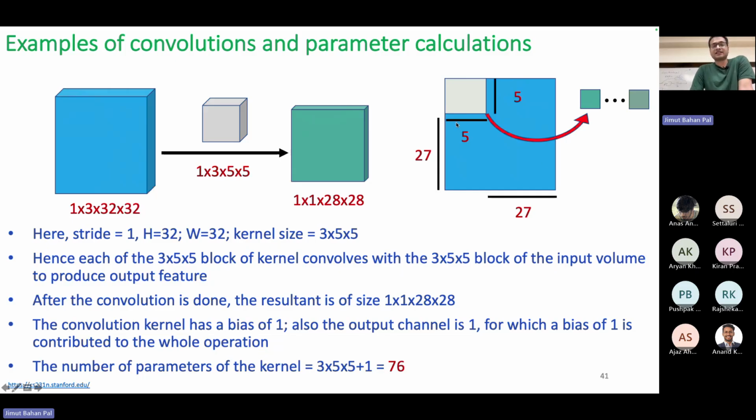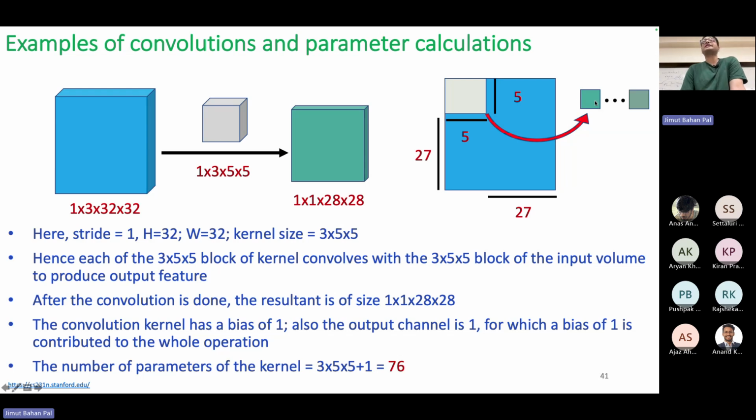Similarly, this will shift 1 pixel and do the same operation. When we consider an input of size 32 and a kernel of size 5, there are 27 more operations to be done if you subtract 5 from 32. Each multiplication contributes to a single element in the feature map.